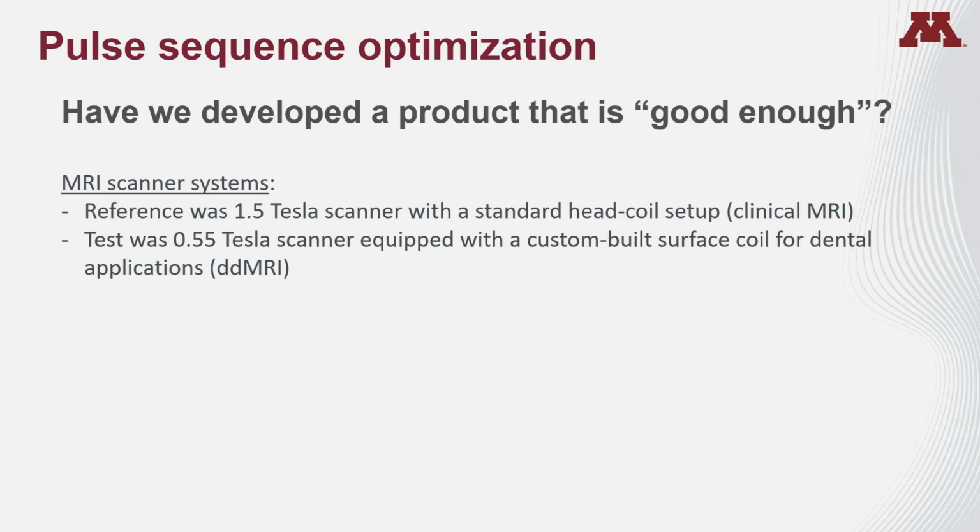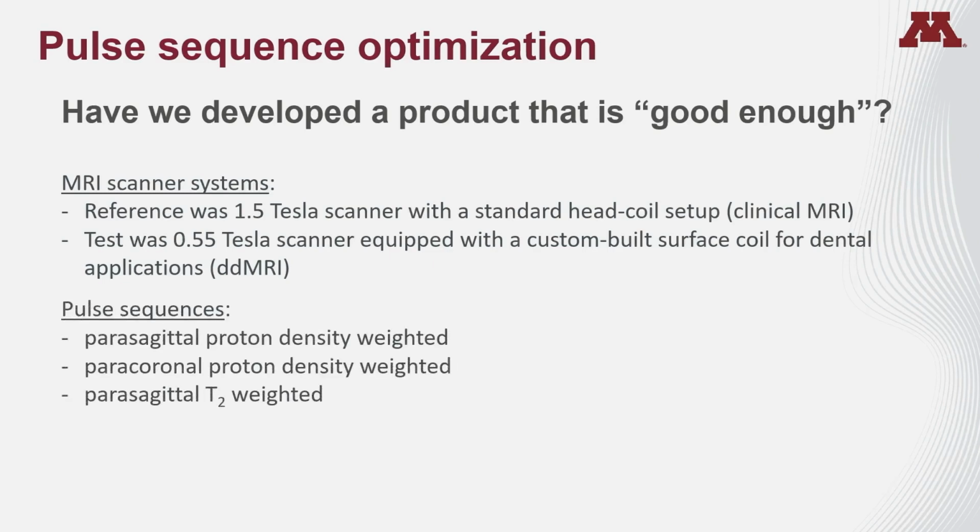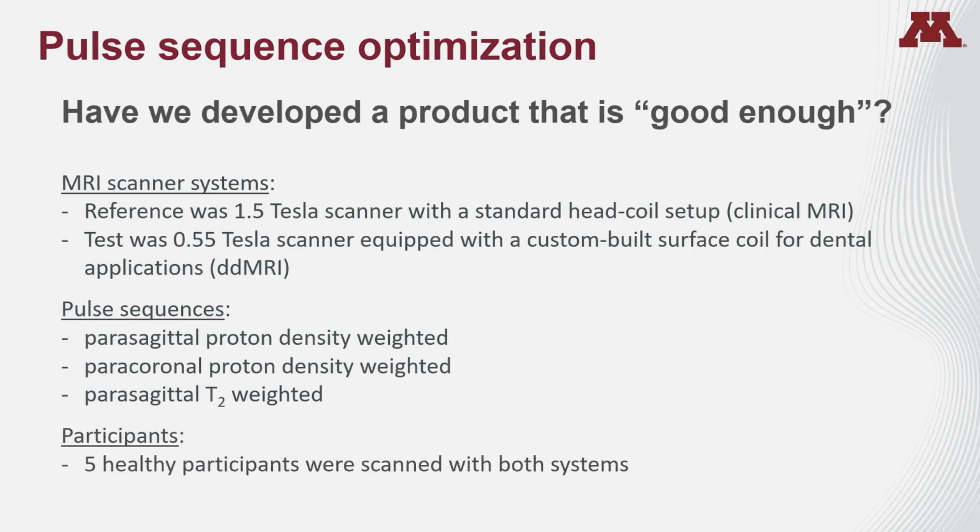Our test scanner was a 0.55 Tesla scanner equipped with a custom-built surface coil. We took the typical types of images: proton density weighted in the parasagittal, paracoronal, as well as our T2 weighted images. And we did this on 5 healthy participants.